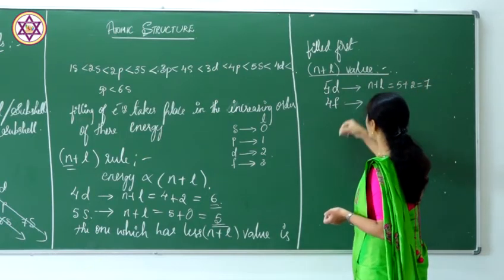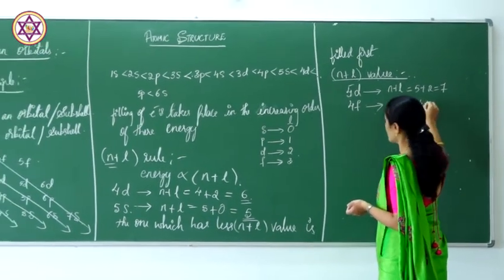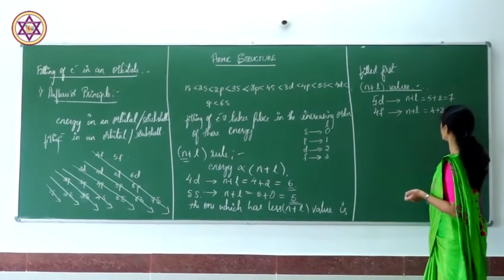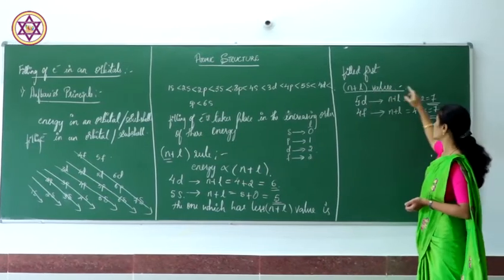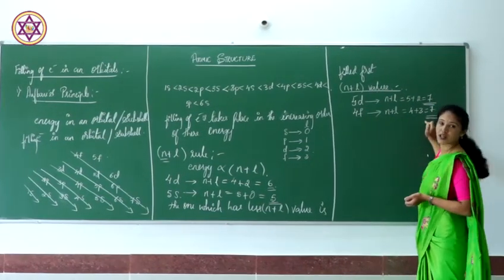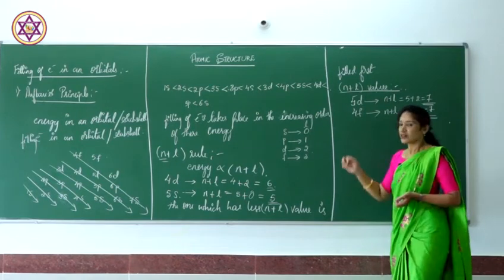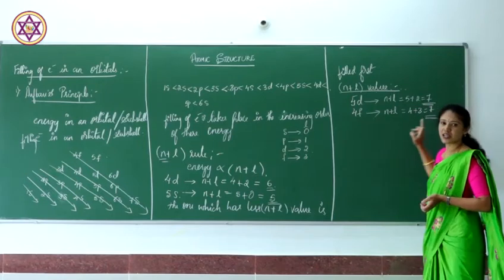For 4f, n plus L is 4 plus the f value, which is 3. 4 plus 3 is 7. Here you should observe that the n plus L value is the same for both.